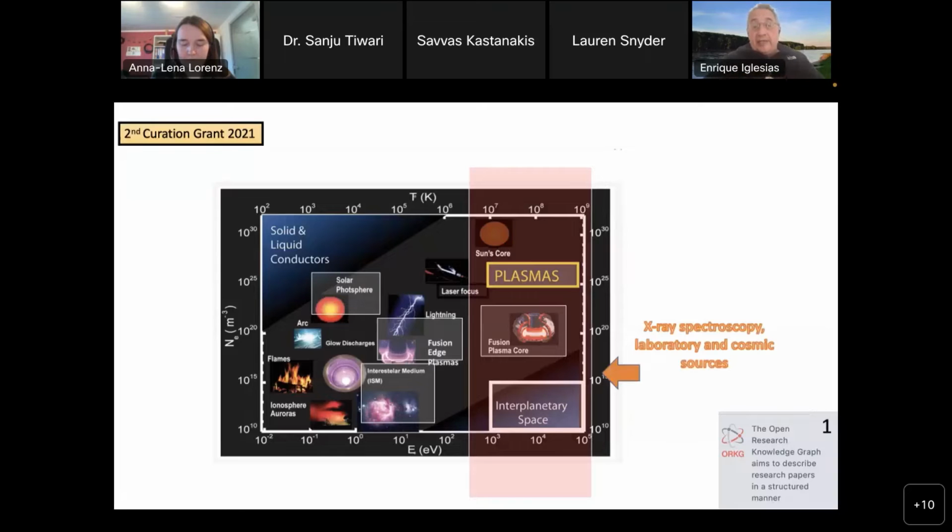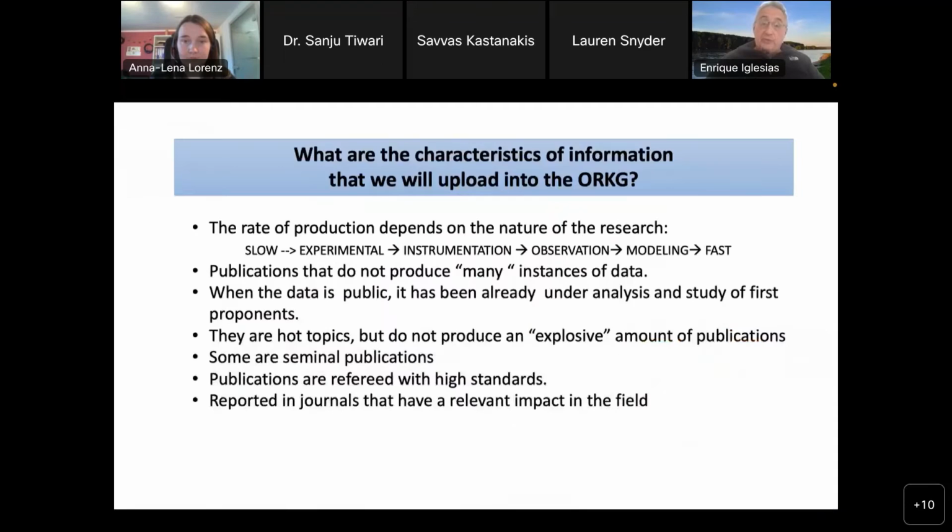And here again, the concept that unifies all these publications is spectroscopy, but in this case in the range of X-rays, because that is where some of the signals we see from the universe can be measured now with space observatories, and also because some of the properties of these space plasmas are reproduced in the laboratory and are used to help interpret what you see in the universe, from these cosmic sources.